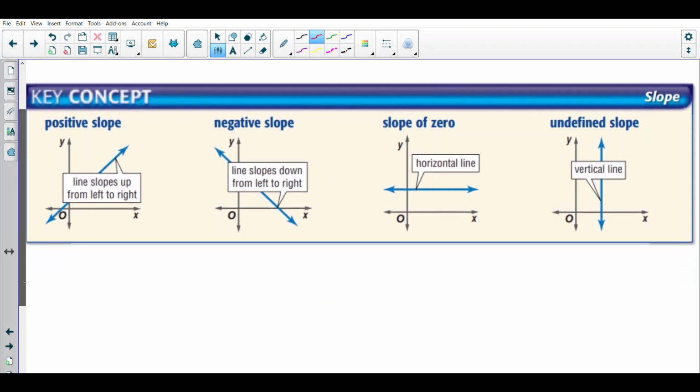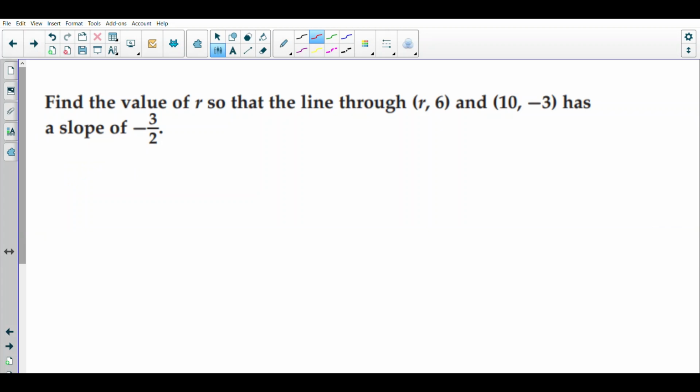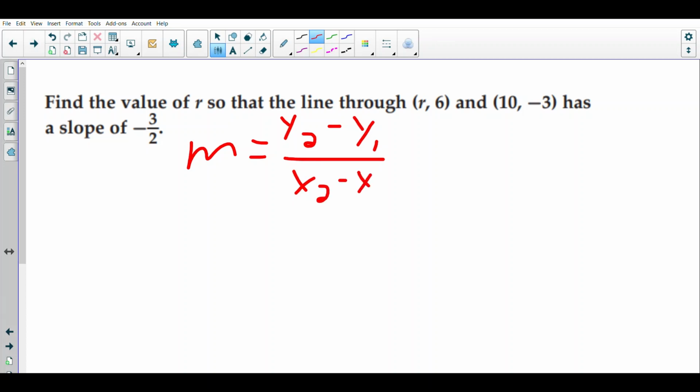Okay, so, next one. Find the value of r so that the line through (r, 6) and (10, -3) has a slope of -3/2. So really, they're already telling us what the slope is. If we look at m equals y2 minus y1 over x2 minus x1, all I'm going to do is replace.